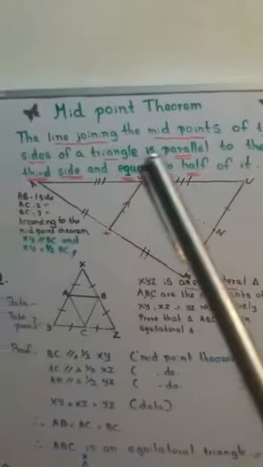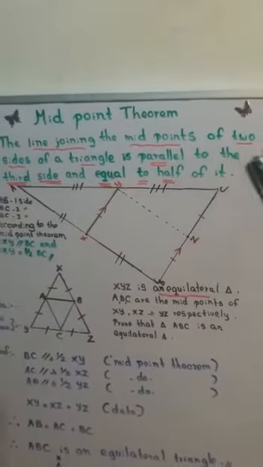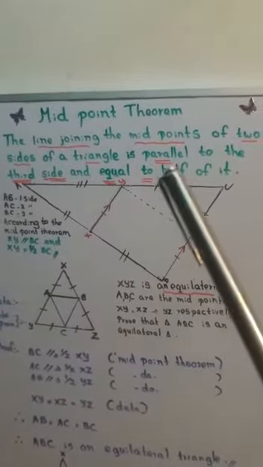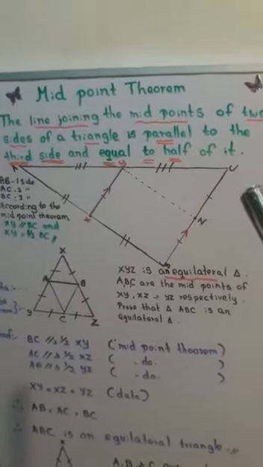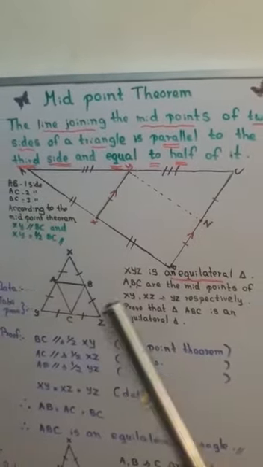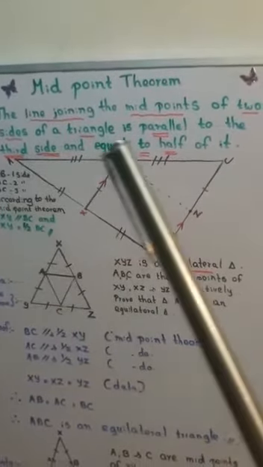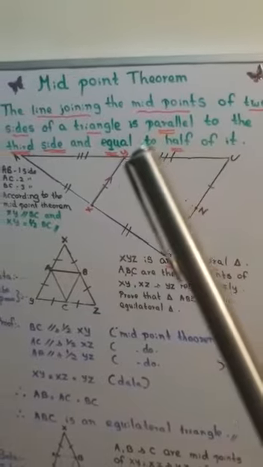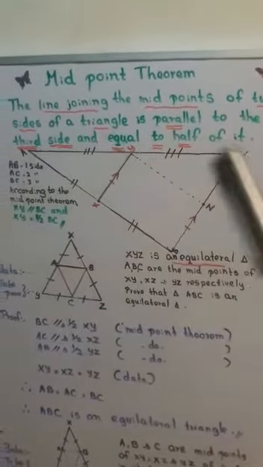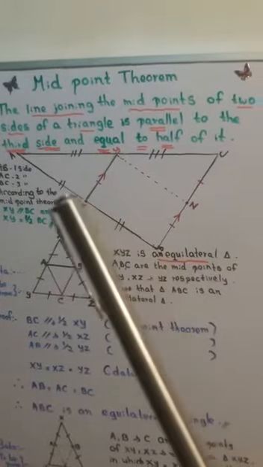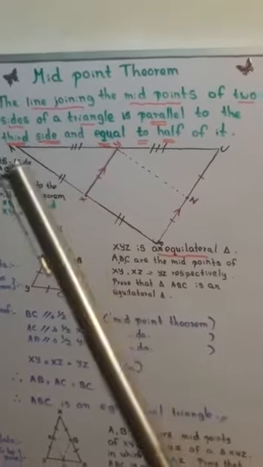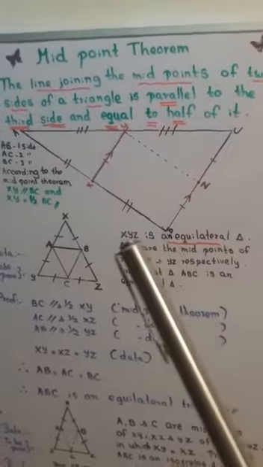Midpoint theorem: the line joining the midpoints of two sides of a triangle is parallel to the third side and equal to half of it. Let's see triangle ABC. AY equals YC, that means Y is the midpoint of AC. AX equals XB, that means X is the midpoint of AB.